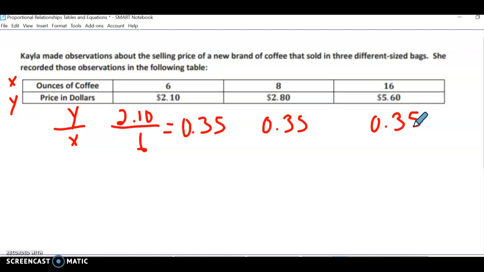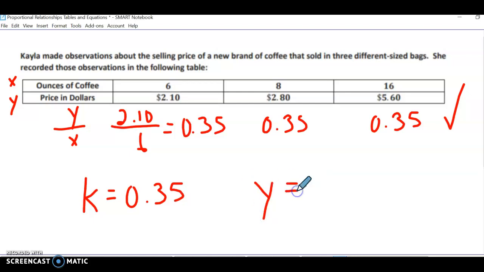Okay, so what we just found out is that it is proportional. And we found our constant to be 0.35. Once you have that, it's easy to do your equation. My y values are always equal to 0.35 times whatever the x value is.